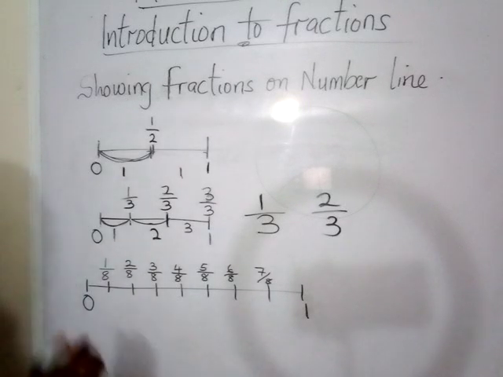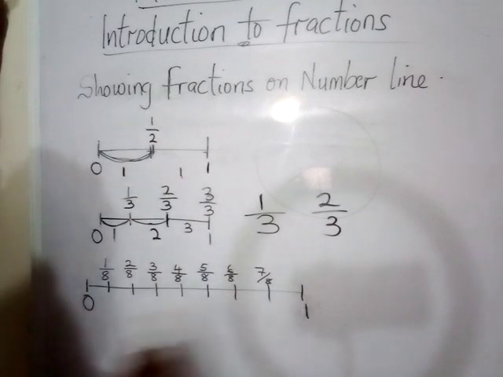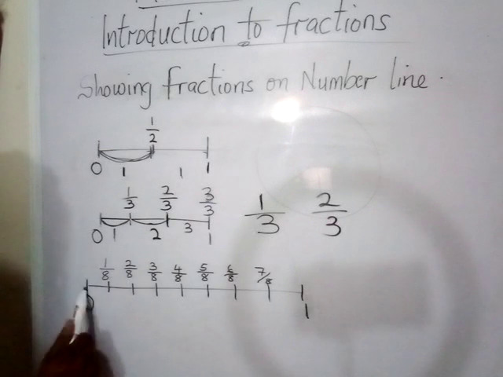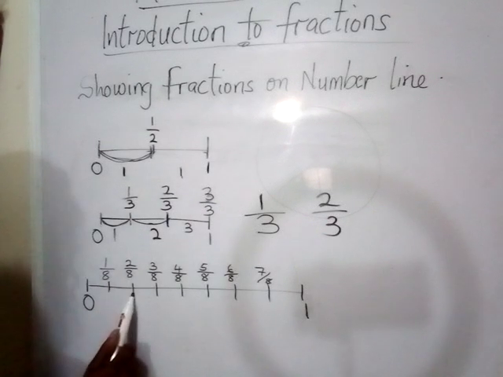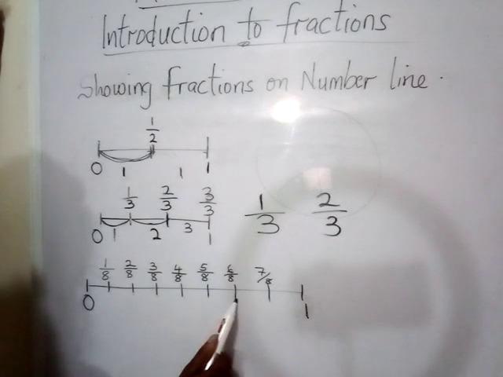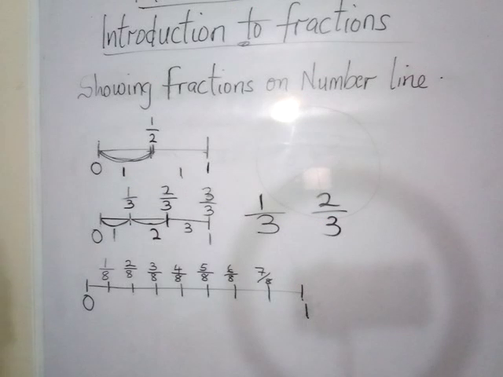Okay, so this number line is split or shared into 8 equal parts, just like the number of our pizza. So you have from here to here 1 part, 2 parts, 3 parts, 4 parts, 5 parts, 6 parts, 7 parts, 8 parts. So you have 8 equal parts.